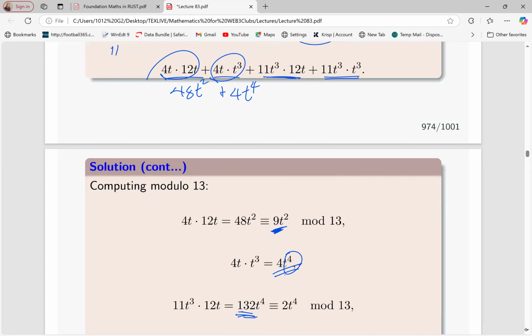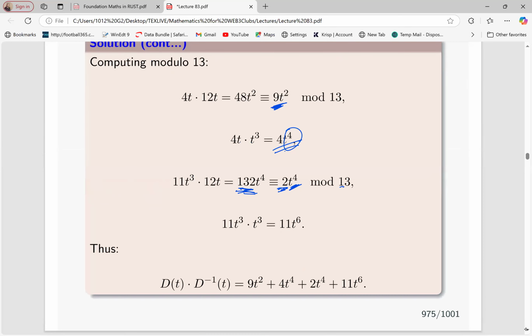So 132 mod 13 will be 2. But then we'll come back and reduce t raised to 4. Then lastly, this will be t raised to 6, 11 t raised to 6, and it's there. Now combining them, I have this 9 t raised to 2, I have this 4 t raised to 4, I have this 2 t raised to 4, and I have this 11 t raised to 6.